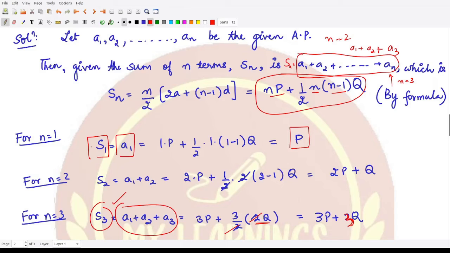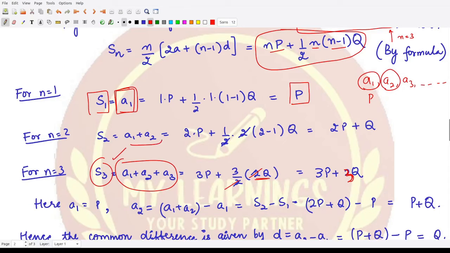Now we have S1, the sum of the first term. So this is our first term actually. Now we wanted to determine our AP. So we require a1, we require a2, we require a3 and so on. So we have the value of a1, which is p. In order to determine a2, you see we have a1 plus a2 here and a1 here, correct?